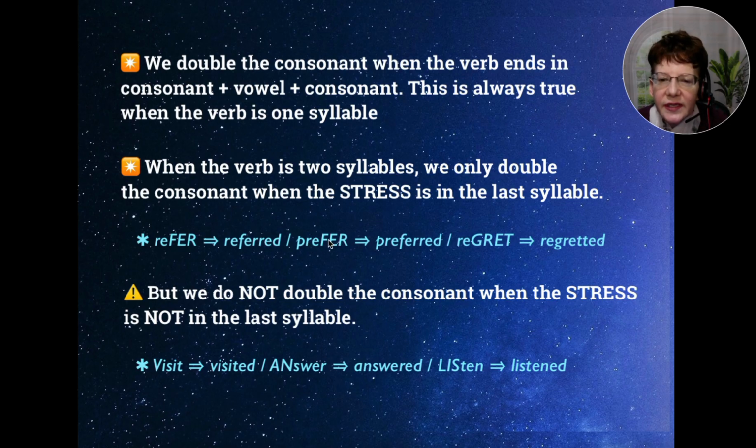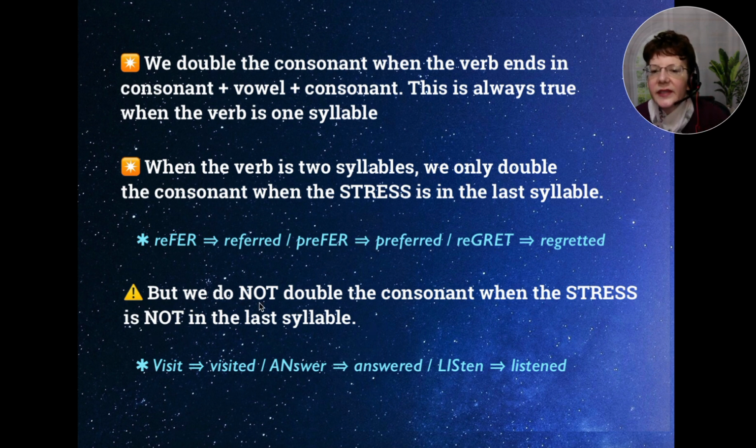Again, the stress is on the second syllable. So we have preferred. The R is doubled. And then regret. That becomes regretted. So we double the T here, right? Because the stress is on the gret or last syllable.